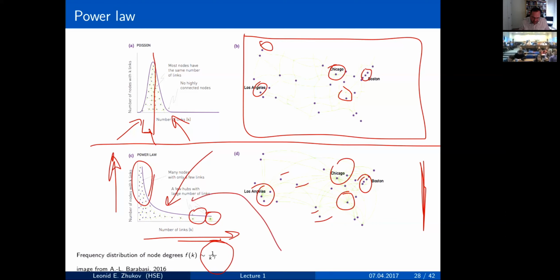So for example, this picture is most likely 1 over k cubed, where k is the number of direct connections, the number of routes coming into the city. So what it says is that the number of nodes, the number of cities with a lot of connections, decreases very fast.